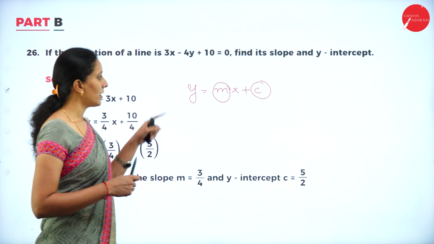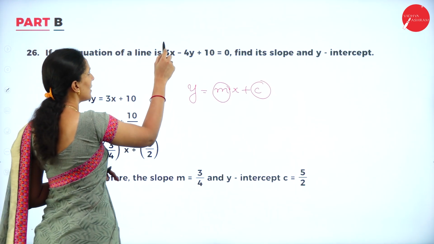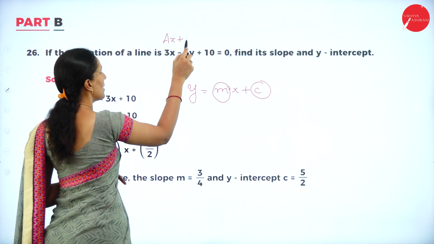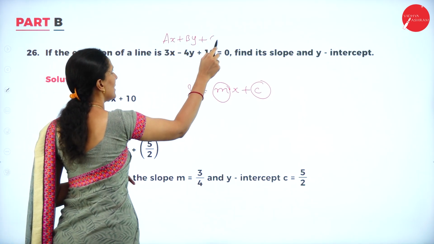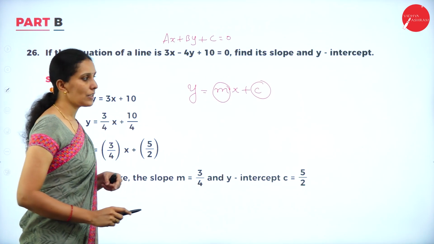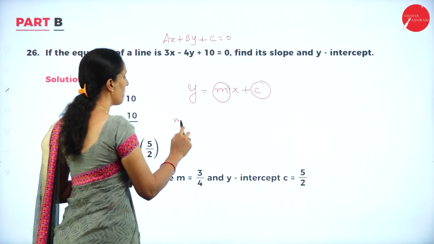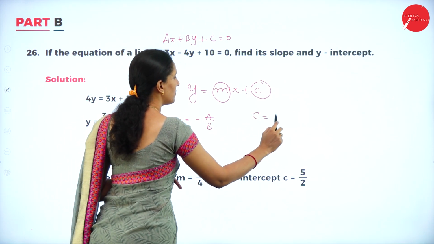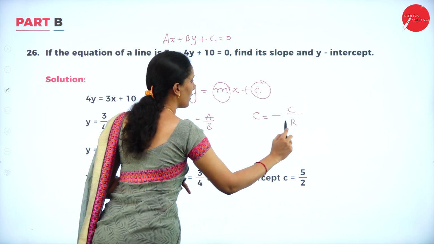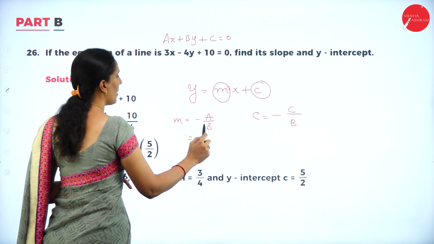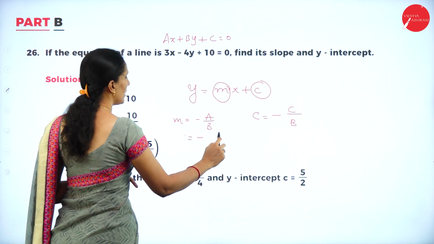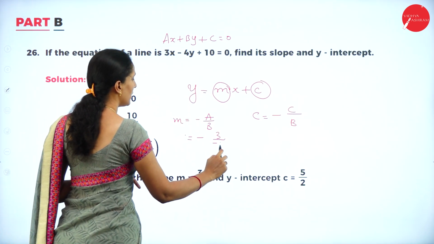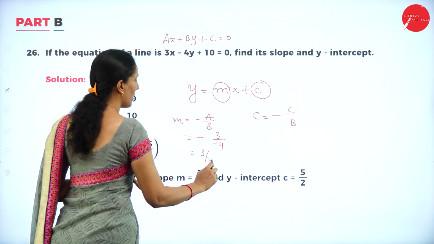Another shortcut method you can use here. You can see this in the form of ax plus by plus c is equal to 0. To find the slope, you can use the formula m is equal to minus a by b. And to find the intercept, you can use the formula minus c by b. So here a is 3, b is minus 4. Hence the answer is 3 by 4.